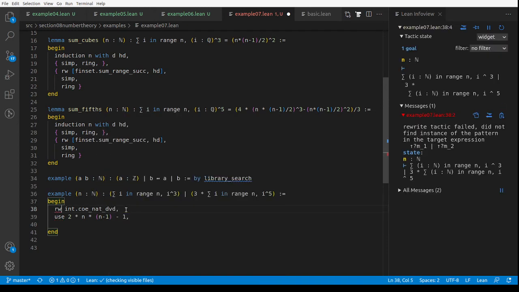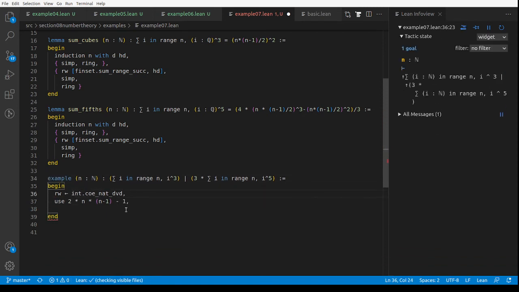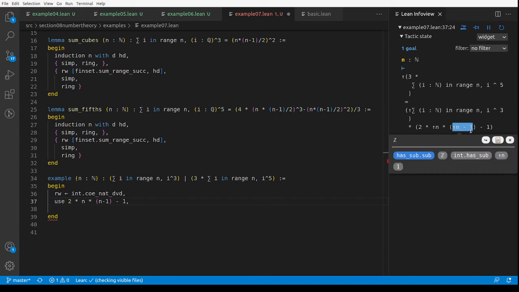And I need to rewrite this way. So now I am working with integers. And so now when I use this, yeah, you see now this is integer. You see there's integer subtraction.